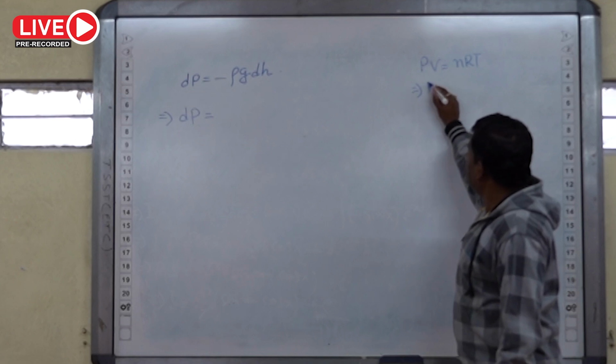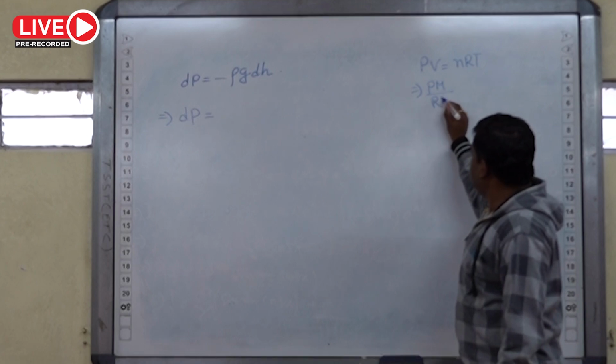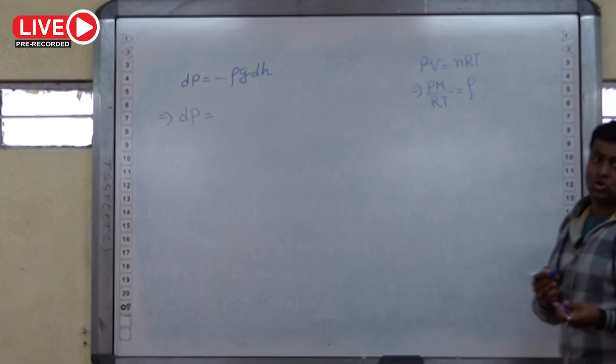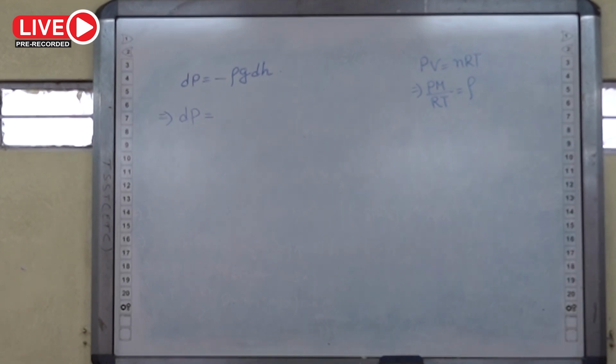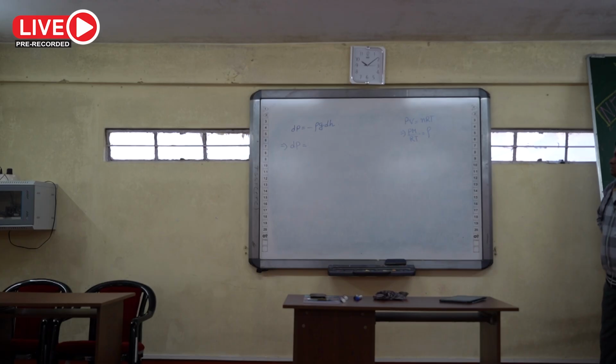So we can write PM by RT, that is coming as rho, where M is the molecular mass. This density can be written as PM by RT.